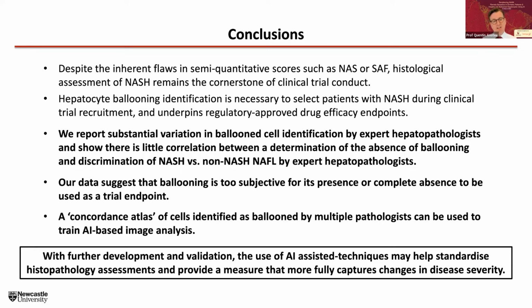We also demonstrate, however, that a concordance atlas leveraging this large data set of tightly defined balloon cells may be used to help train artificial intelligence-based algorithms in order to optimize their performance. And I'd hope that with further development and validation, the use of AI-assisted technologies may well help us to standardize these crucial histopathological assessments and provide a measure that more fully captures changes in disease severity.